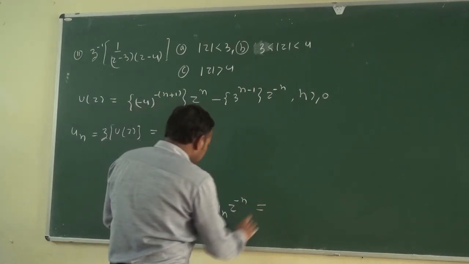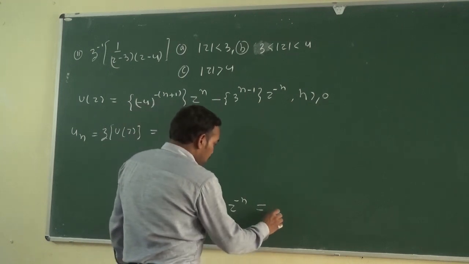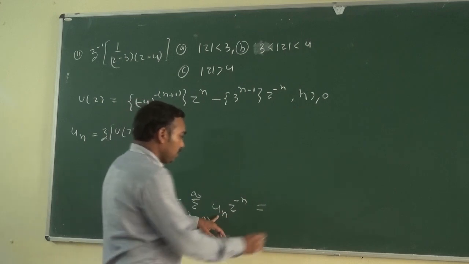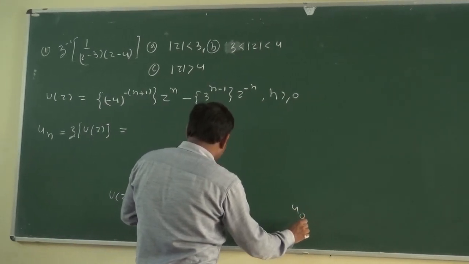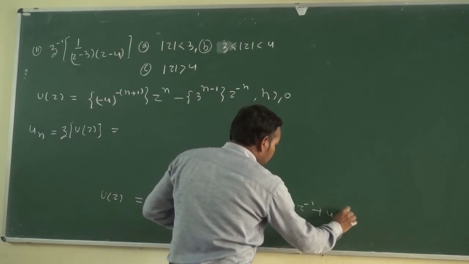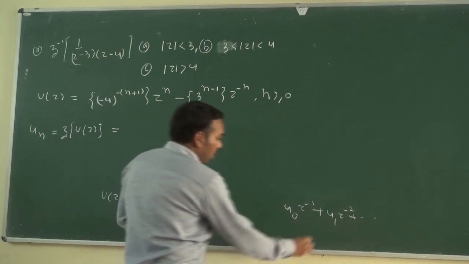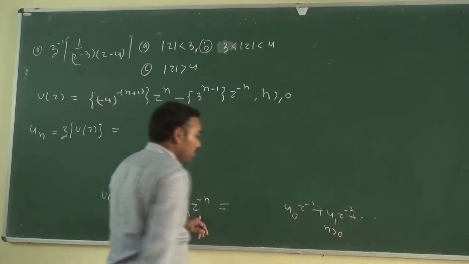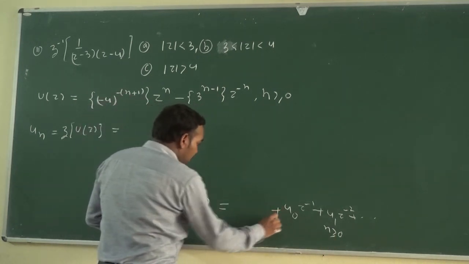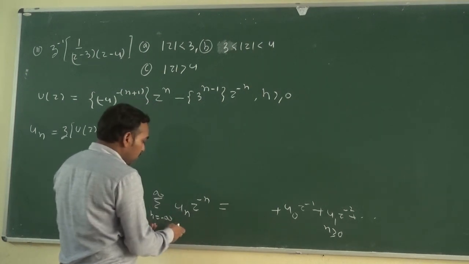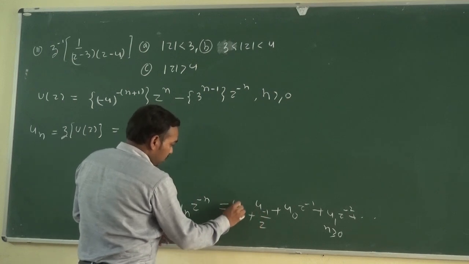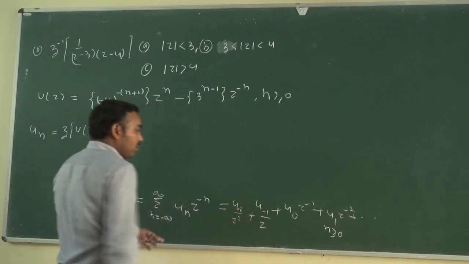So for n greater than or equal to 0, you write u0, u1 z to the power minus 1, u2 z to the power minus 2 and so on, and for negative values, u minus 1 upon z plus u minus 2 upon z square.